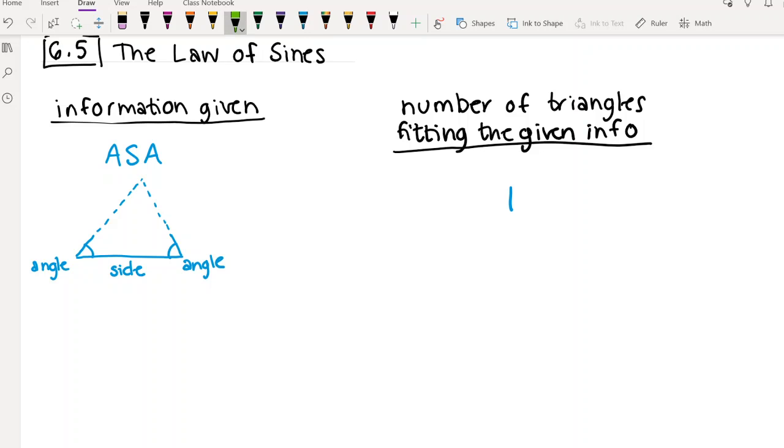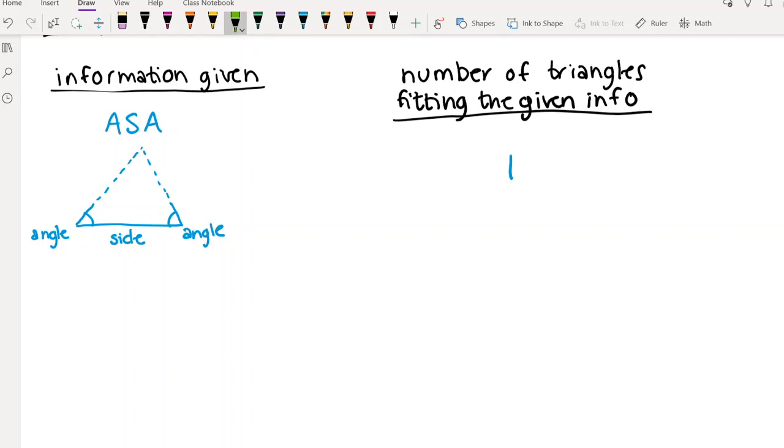And so why is that? Well, I used solid lines to represent the information that's given. If you're given an angle, you know what the relationships of the other sides are going to be, because that's what the angles tell you. And you know the length of this side. The thing that you don't know is exactly how long these dotted lines are. But if you think about it, there's really no other place we could put these dotted lines that would still give us these same angles and same side.